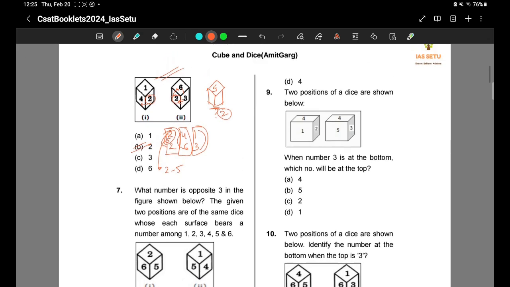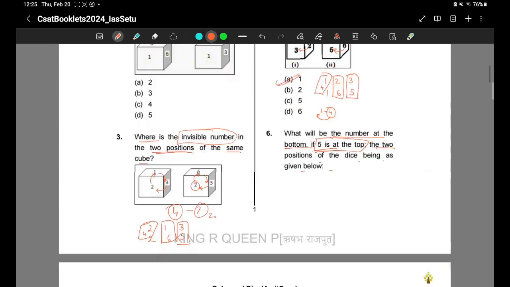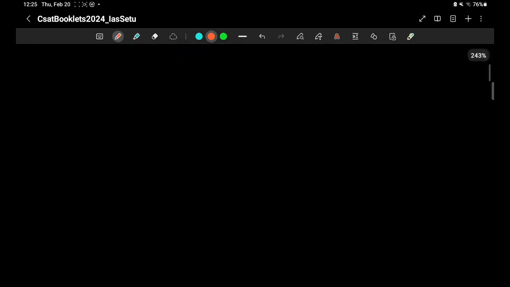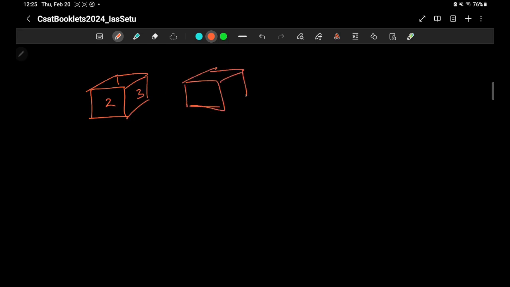There's an even faster method, like there are special cases. For example, this is the cube. Okay, let's take 1 2 3. Then there is the same cube but different orientation. In this case you can see that 1 and 1 are on the same side, that is the top side.